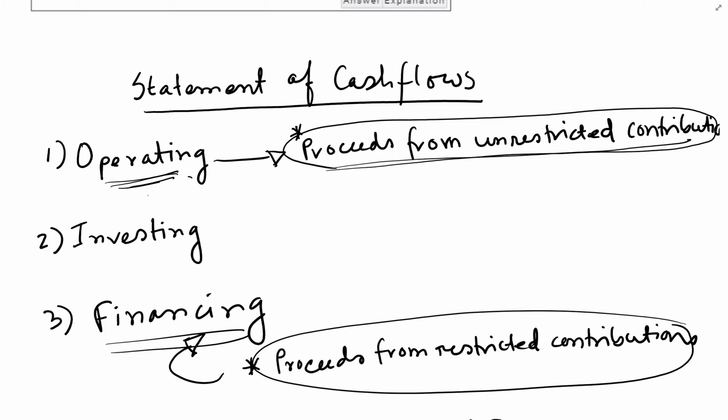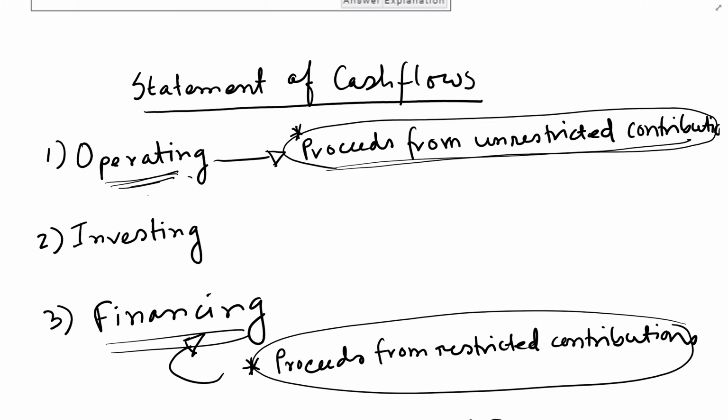Although those are saved to purchase long-term assets, those restrictions are imposed by the internal body, so we will not consider those as investing activities. Rather, we will consider those as operating activities. That means when you receive any contribution as unrestricted or without donor restrictions, and even if the internal body or board imposes restrictions, we will still consider those under the operating part.